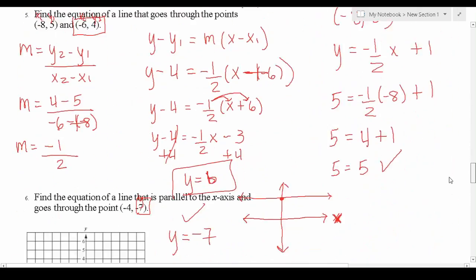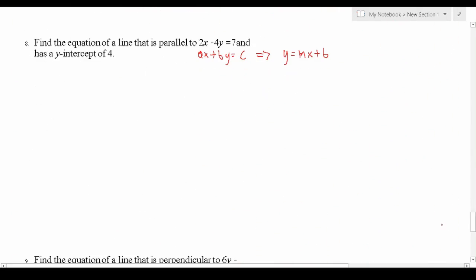So in this case, we're told that the line we're going to write is parallel. So what we're going to have to do is first rewrite this equation from standard form to slope-intercept form, identify what its slope is, and then write the equation of the line. So let's go ahead and do that.